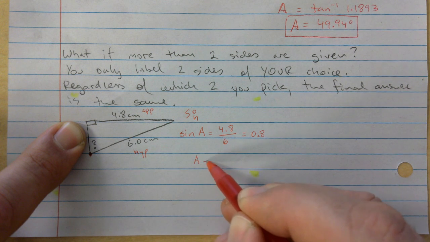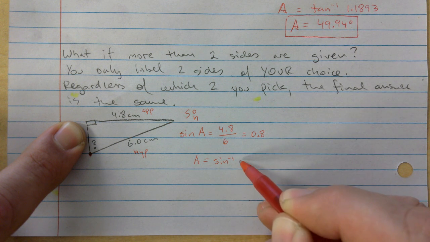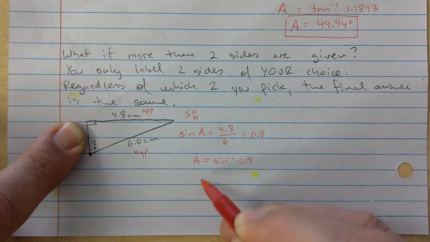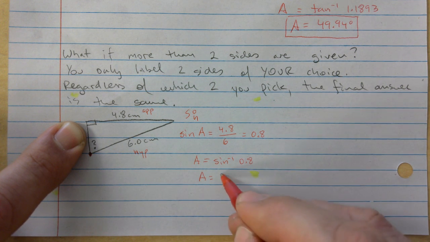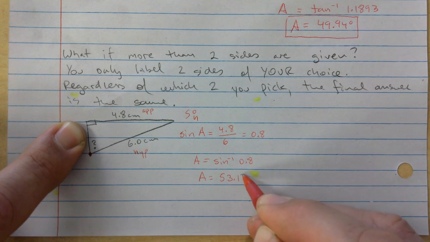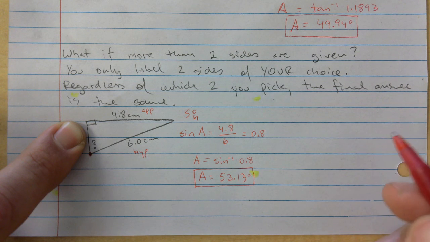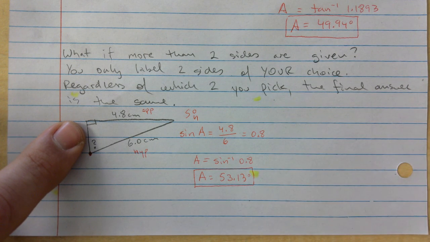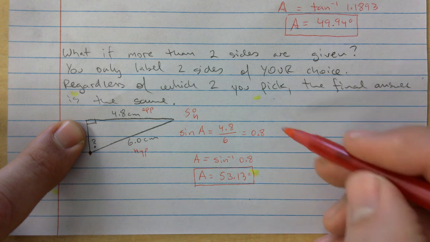Therefore, angle A, since I'm using sine, is going to be sine inverse of 0.8. And what do we get? 53.13 degrees. Okay? 53.13 degrees. Done.